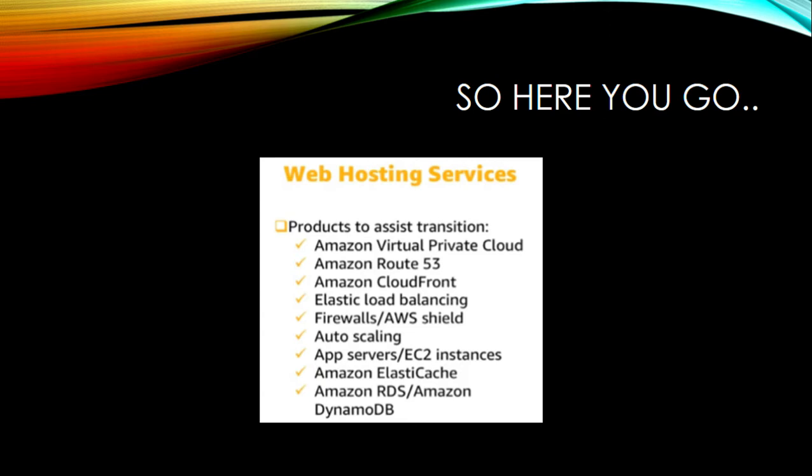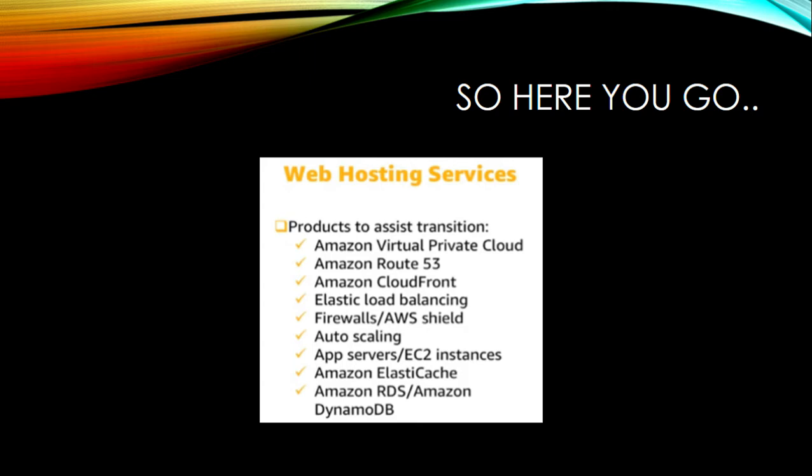The Amazon Virtual Private Cloud, the VPC, Amazon Route 53, Amazon CloudFront, Elastic Load Balancing ELB, firewalls or AWS Shield, auto scaling, app servers or Elastic Compute Cloud EC2 instance, Amazon ElastiCache, Amazon RDS or the Relational Database Service, and last but not the least, Amazon DynamoDB.